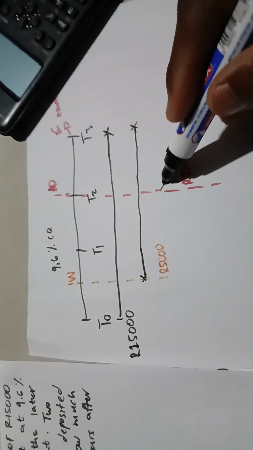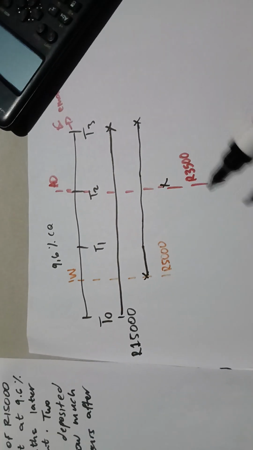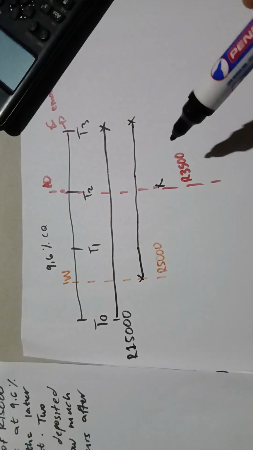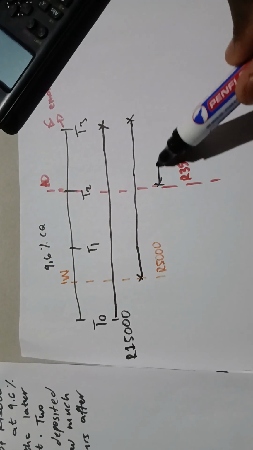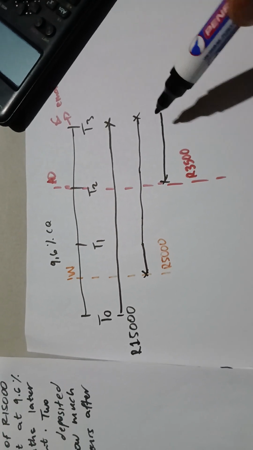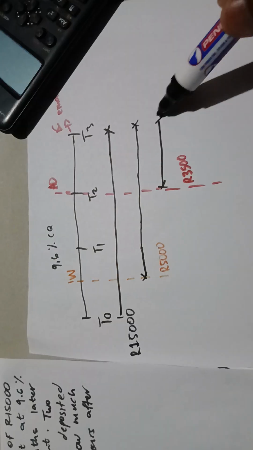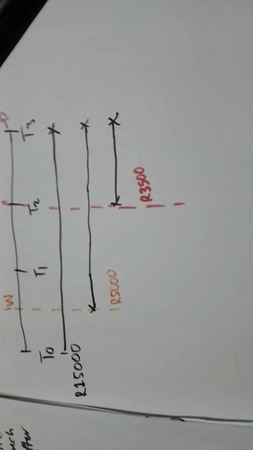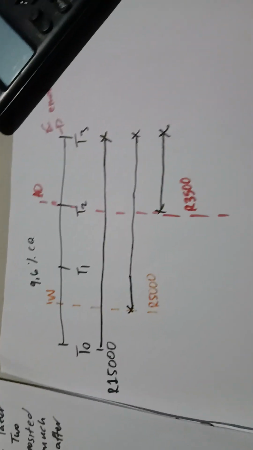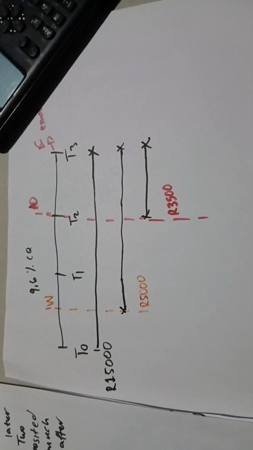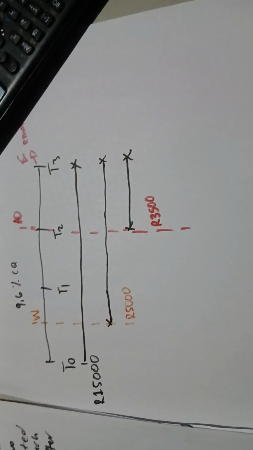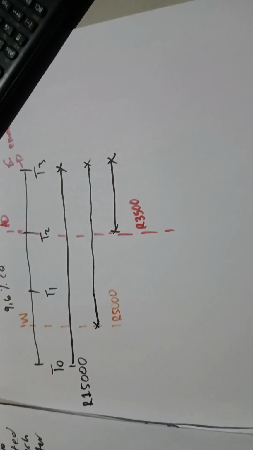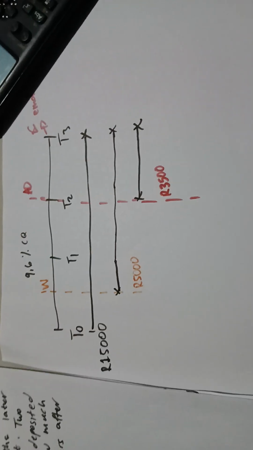Now, if she deposited again into the account, she will have 3,500 to accumulate interest for just 1 year, because it was deposited at T2, né? So here we have to do each and every one of these amounts separately, and after that we will combine everything together at the end.